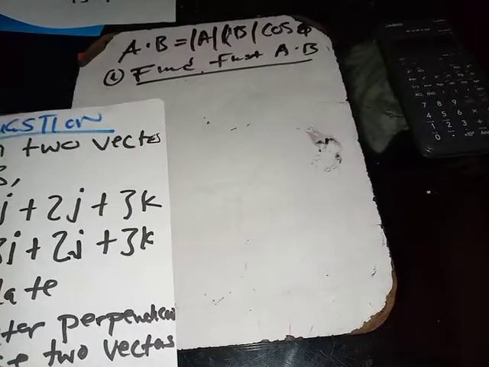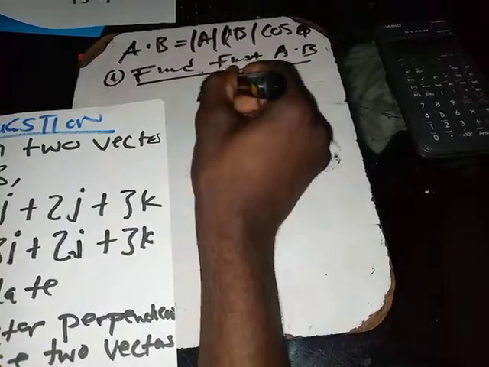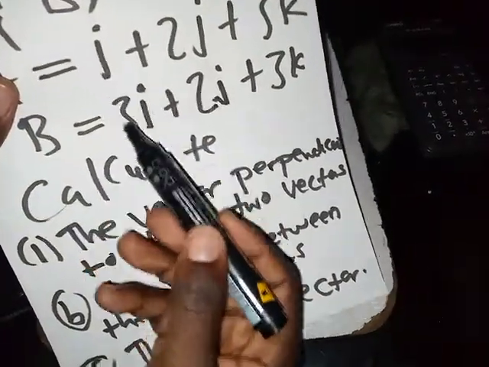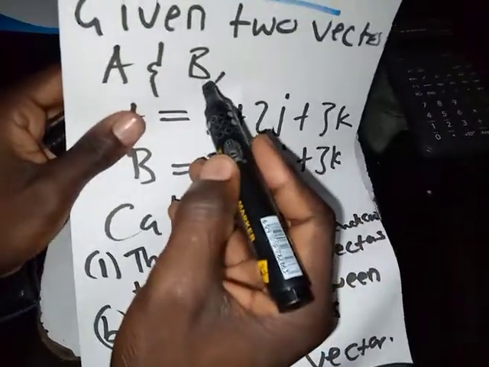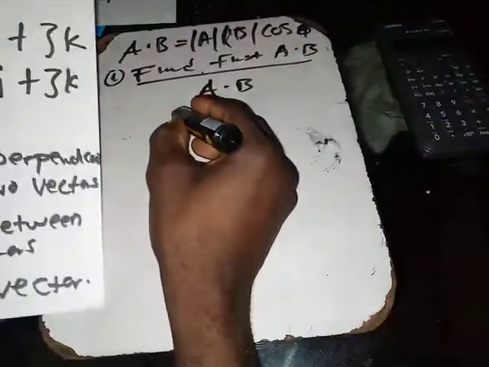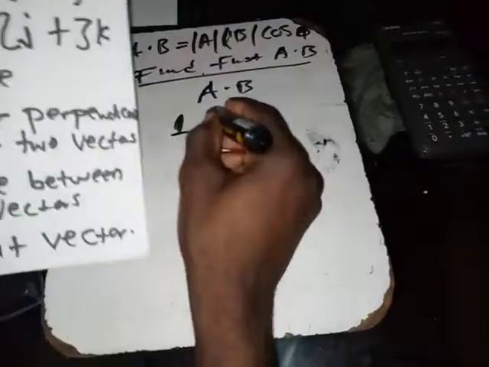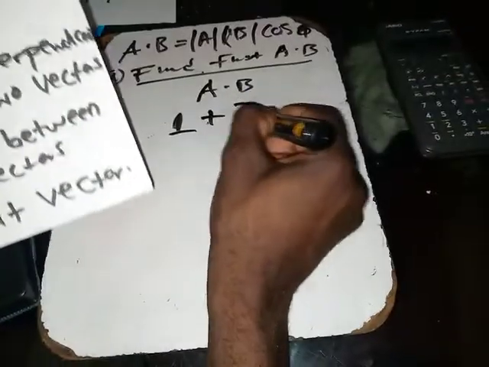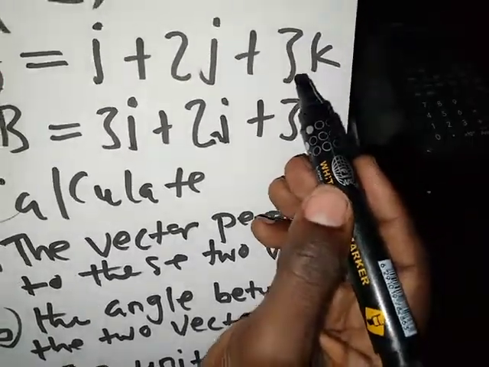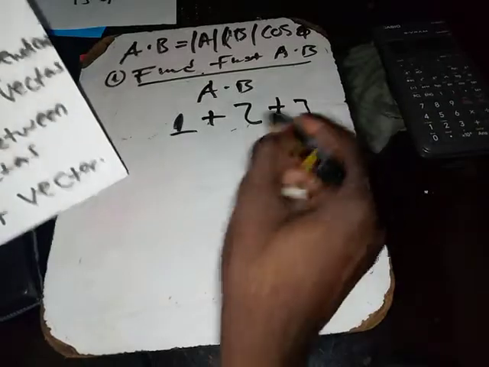In order to find A dot B, simply get the coefficients and align them accordingly. The coefficient of i is 1, so I'm going to say 1, plus the coefficient of j, which is 2, plus the coefficient of k, which is 3.